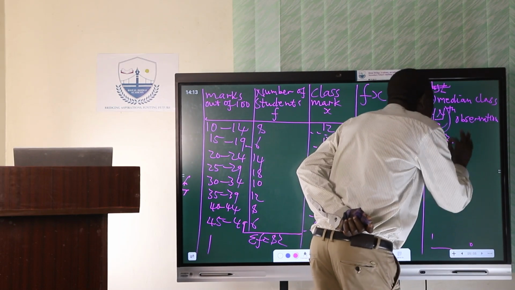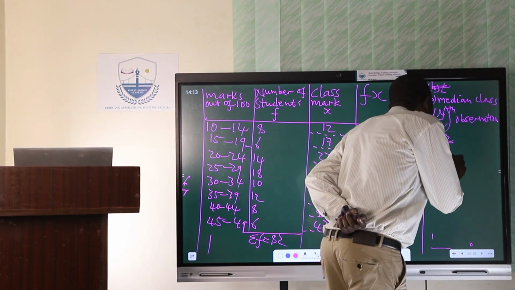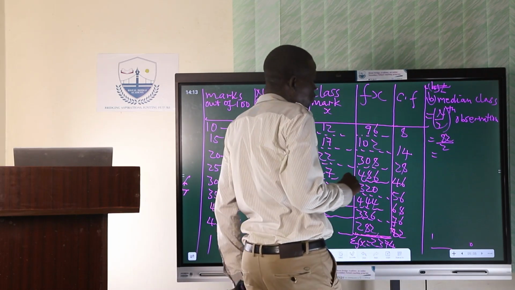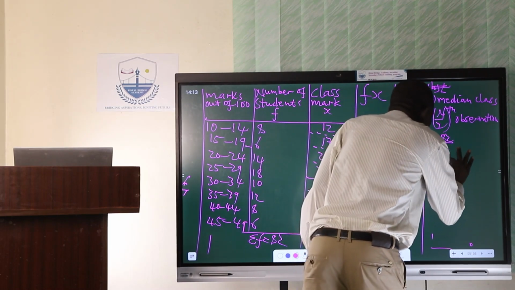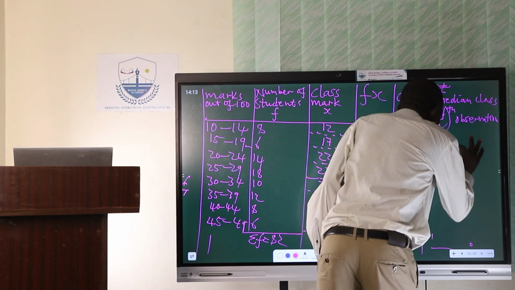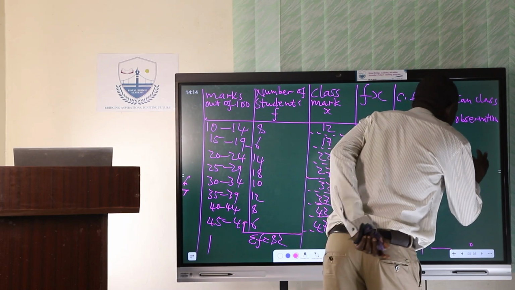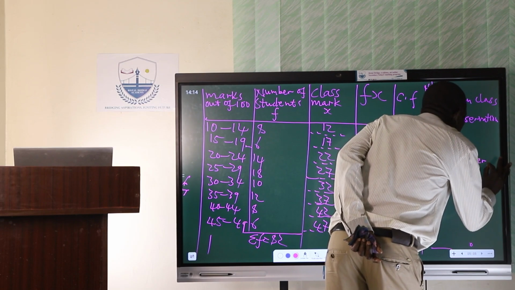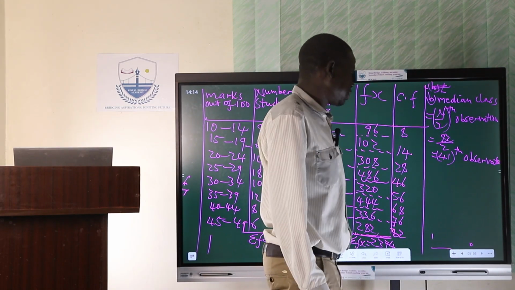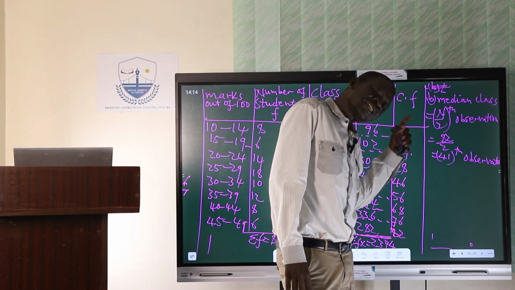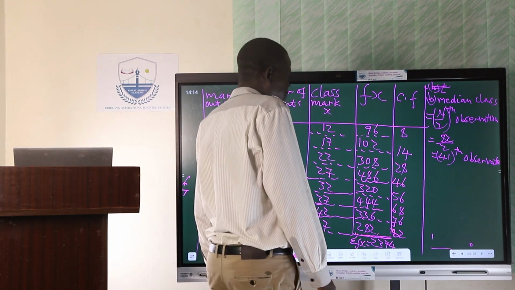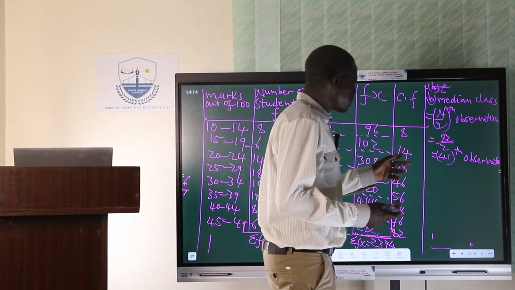So we divide it by 2. 82 divided by 2, we get 41st observation. So it means our median is the 41st observation.